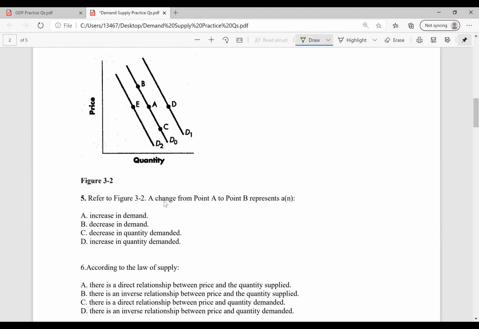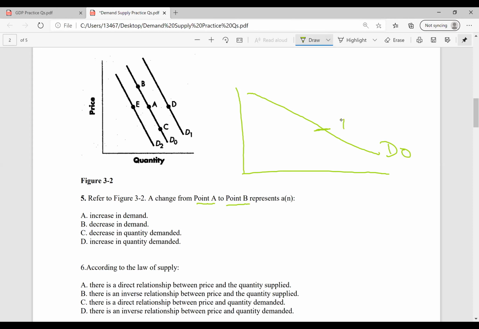All right, looking at question number 5 here. We are working on this demand curve, which is D0. The question they're asking here is, what happens if we move from point A to point B on the demand curve?